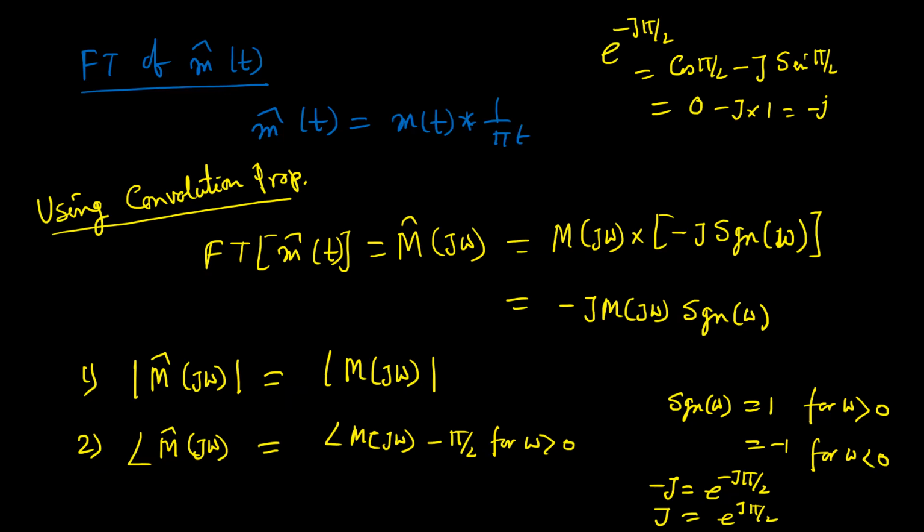And for omega less than 0, whatever angle of M of j omega is there, pi by 2 is added. Is it right? So for the positive side, the phase is delayed by pi by 2 for all the frequencies, a constant phase delay. And on the opposite side it is simply opposite, now plus pi by 2 is added.